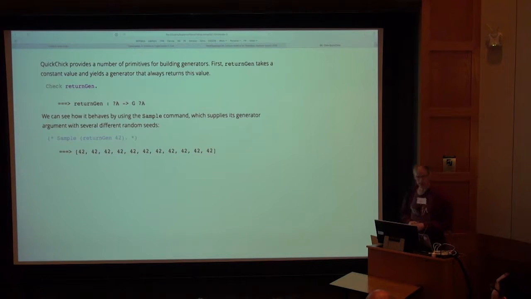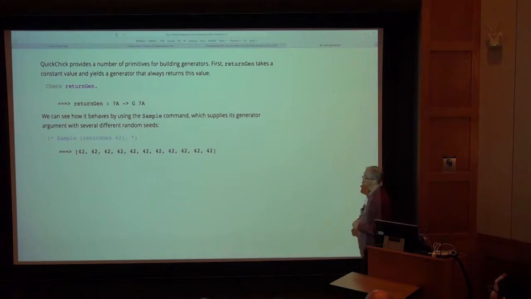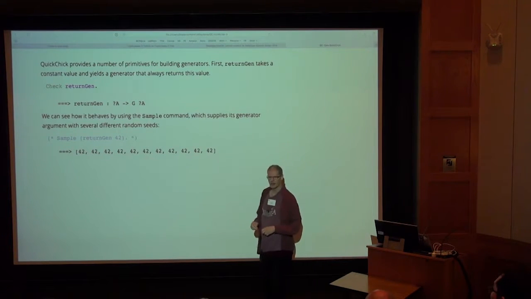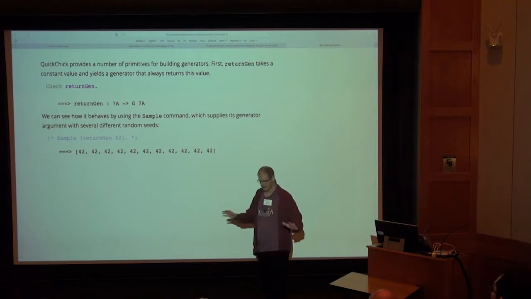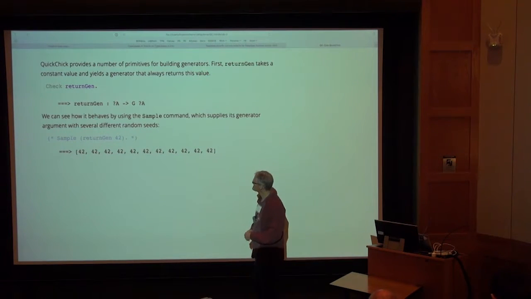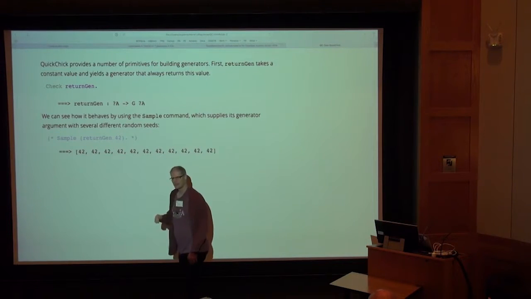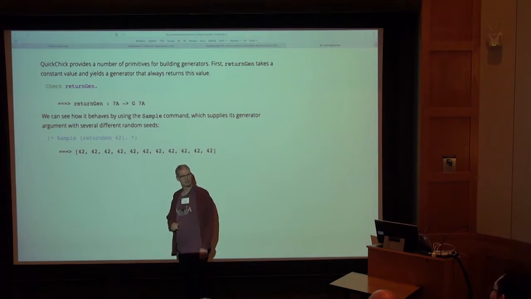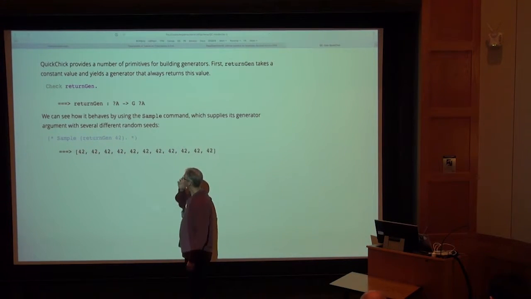So if we now use the sample command from QuickCheck, and by the way, I sometimes say QuickCheck and I sometimes say QuickChick, and they are the same thing for present purposes. In fact, I think you can even use both spellings in the way that you invoke it.